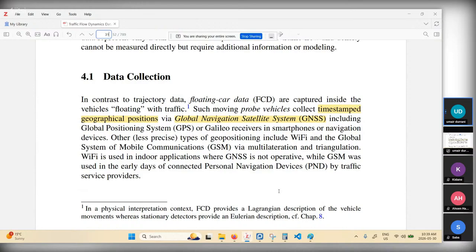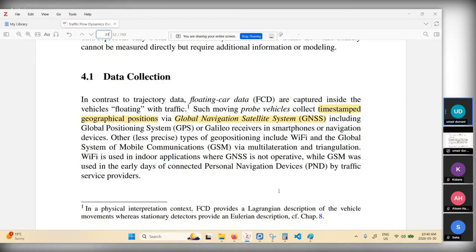And so the main data that we get out of it is time-stamped geographical positions. This is possible through the technology called GNSS, which is Global Navigation Satellite System. That includes GPS, the Global Positioning System, and smartphones as well. Everyone now who is traveling in a car carries one or more mobile devices.